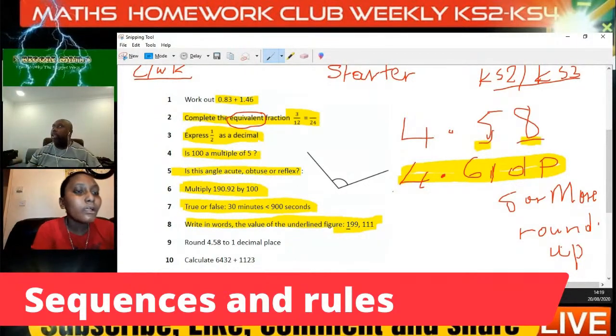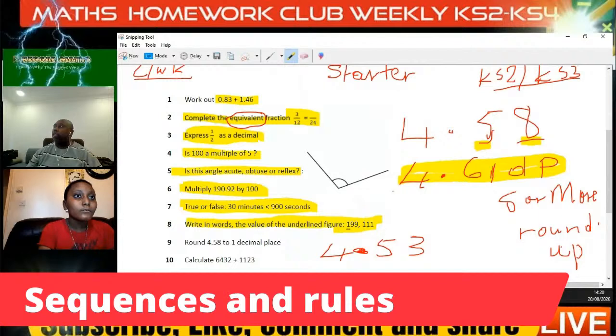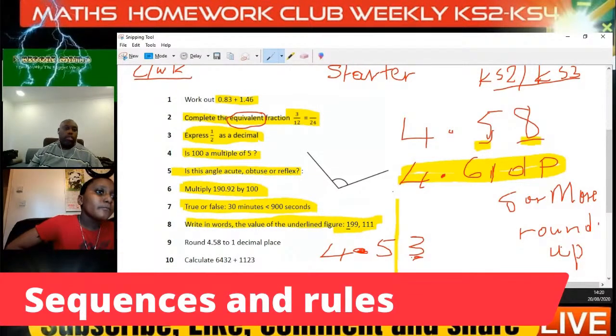Let's just try something else. Look at this. I'm going to write 4.53. I need to round this to 1 decimal place. Look at the second number. Is that number more than 5? No, that's 3 there.